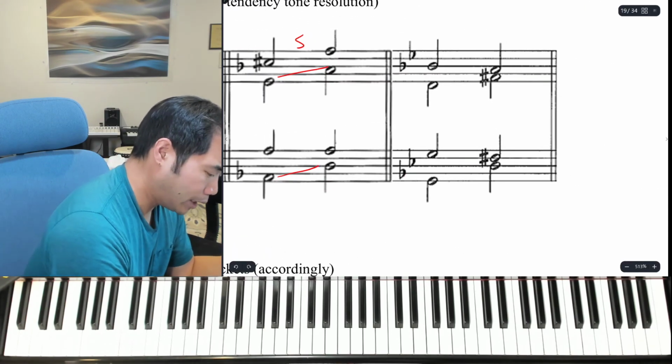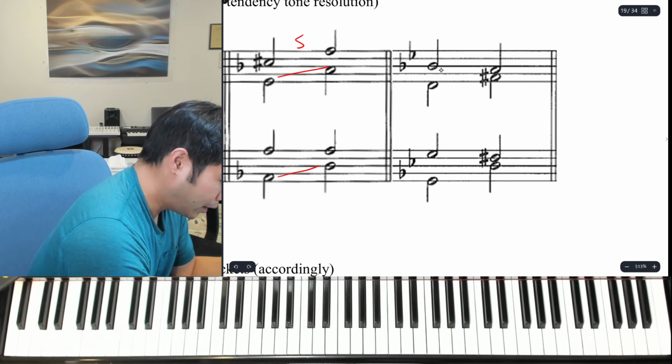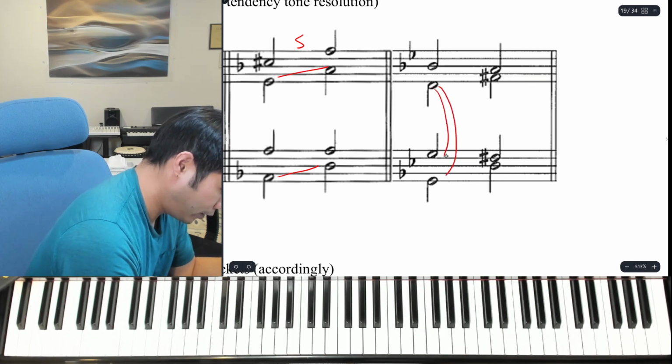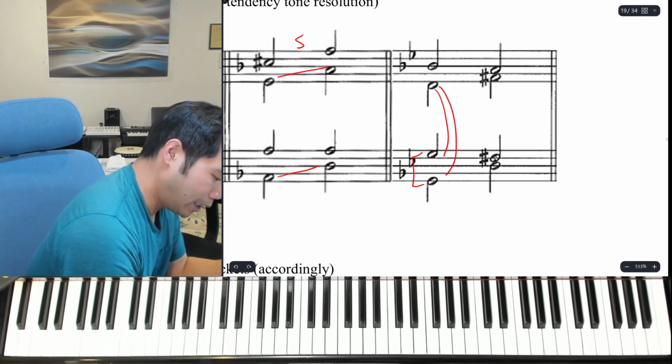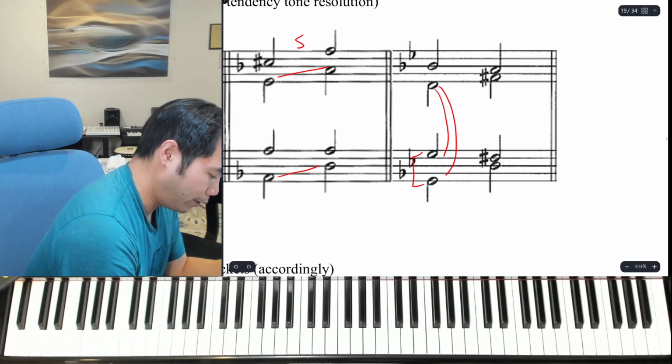And lastly, we're taking a look at this example here. That's a sixth, that's fine. This is a third, that's fine. Okay, and a third, that's fine. However, we do have a fifth here and a fifth here and an octave here. So we've got to check those out. Bass to tenor, goes to a third, so that's fine.